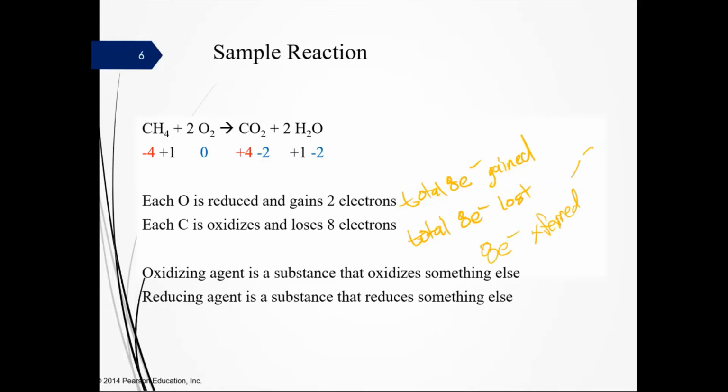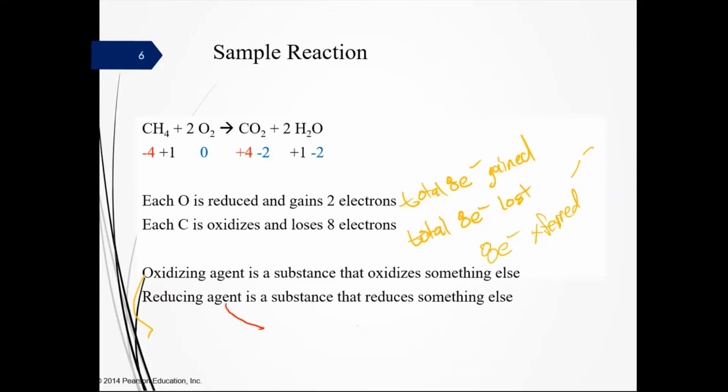Now, if we wanted to identify them as being an oxidizing agent or a reducing agent, remember oxidizing agents cause something else to oxidize, so you're actually reducing. So an oxidizing agent for this point is CH4, whereas our reducing agent means that we're causing something else to reduce. I confused myself with that already. CH4 is not our oxidizing agent. CH4 is actually our reducing agent.